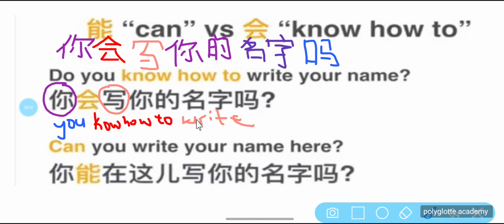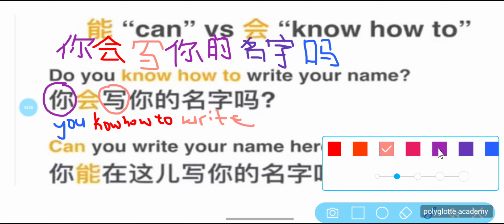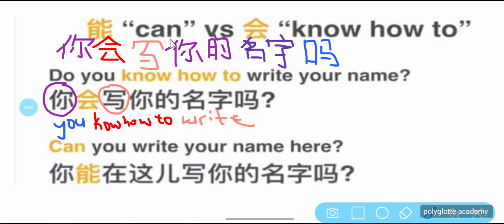So we have the next one, nǐ de, which is your.